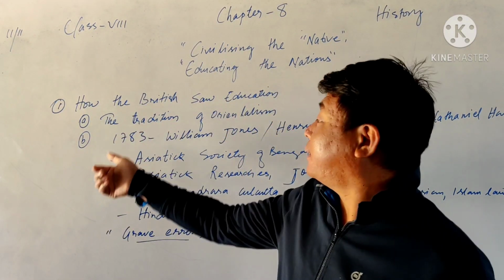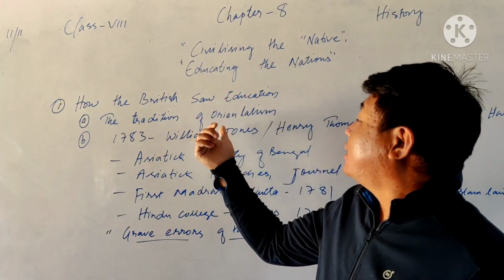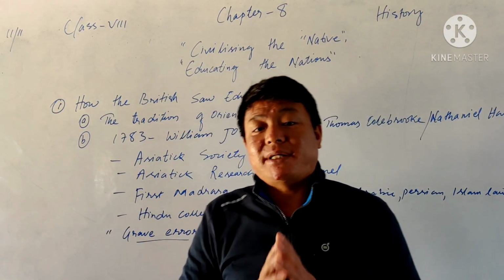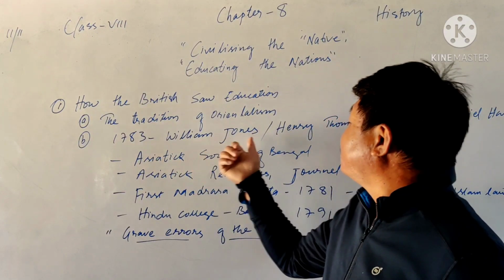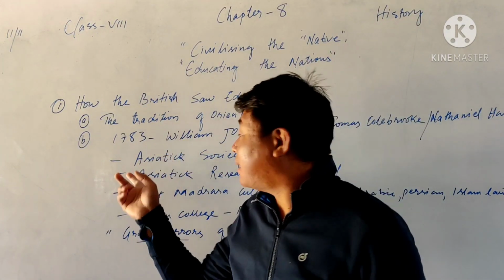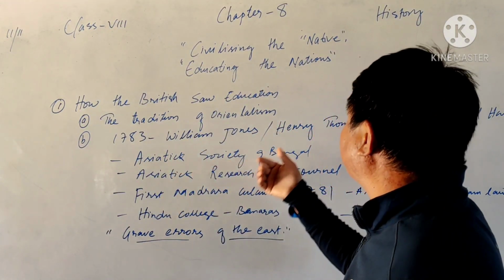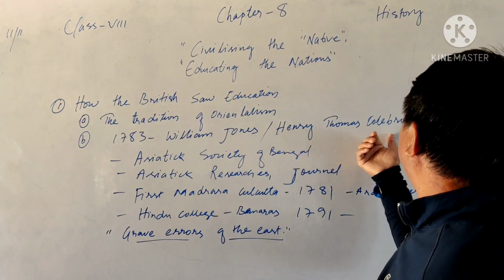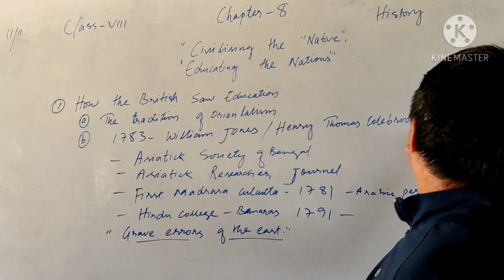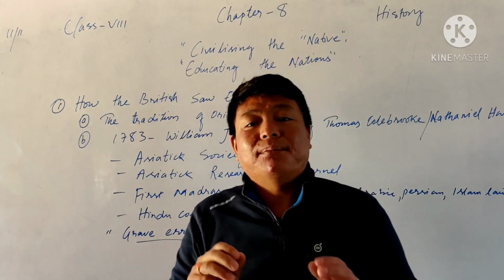So as for the first point, the tradition of Orientalism, which was set up by William Jones, and later followed by English people like Henry Thomas Colebrooke and Nathaniel Halhed, who came there.